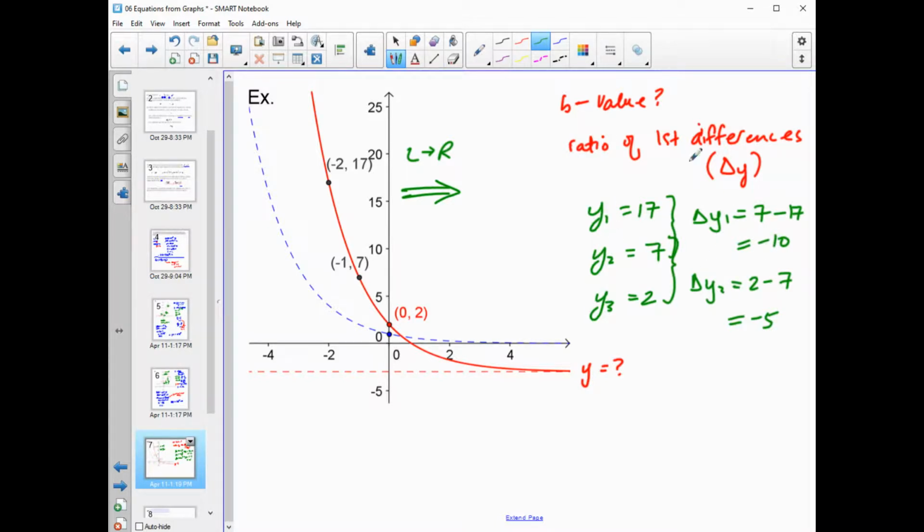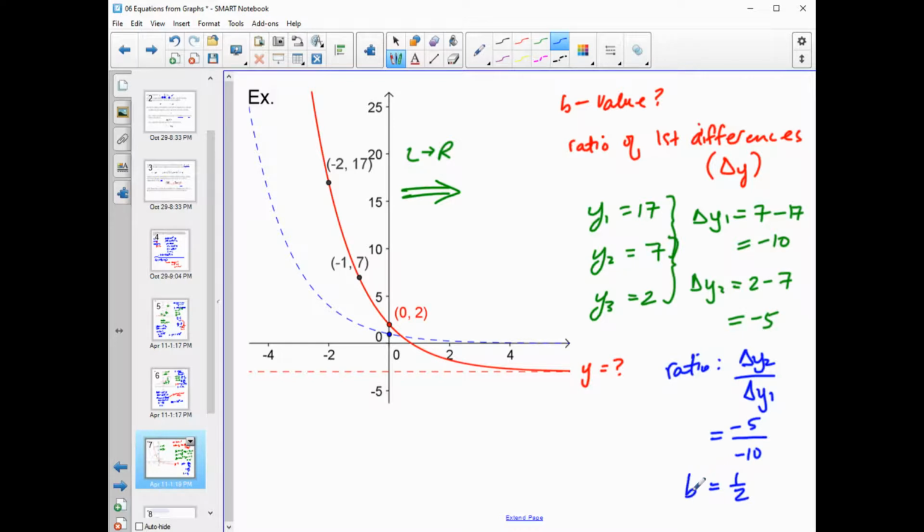That means that for my ratio, I'm only going to be able to do a single ratio, which is, again, from left to right, delta y2 over delta y1, and that works out to be -5 over -10, which works out to be +1/2.